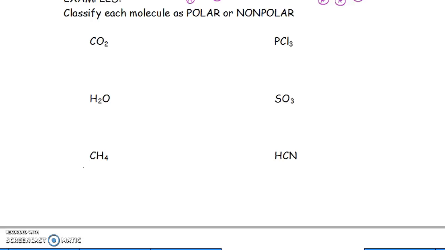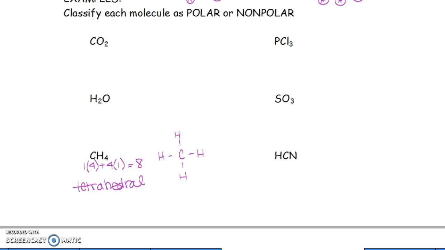Each carbon atom gets 4 valence electrons, and each hydrogen atom gets 1 valence electron, so we get a total of 8. Carbon's going to be my central atom. I'm going to evenly distribute my hydrogens all around the outside of the carbon, and this ends up being my final structure. With 4 bonded atoms, this will be tetrahedral.